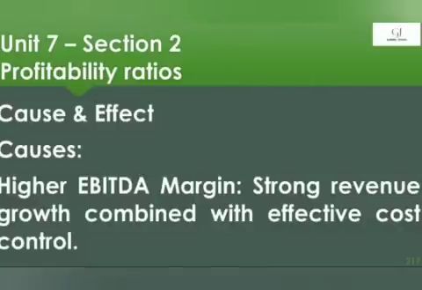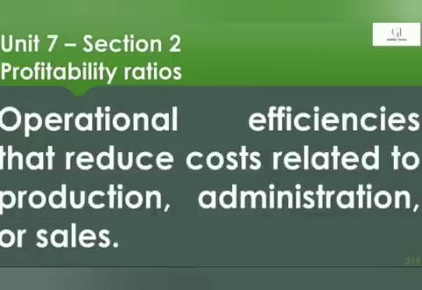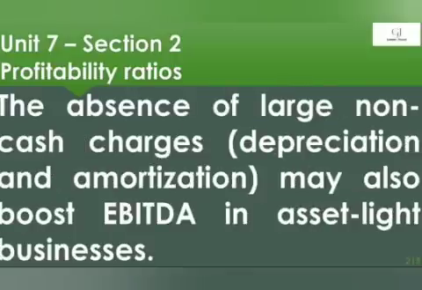Now the cause and effect. A higher EBITDA margin shows either strong revenue growth combined with effective cost control, or operational efficiencies that reduce costs related to production. So we're looking at direct cost, then indirect, admin, and selling. The absence of large non-cash charges, depreciation, amortization, may also boost EBITDA. So look at where this comes in now, Julie.